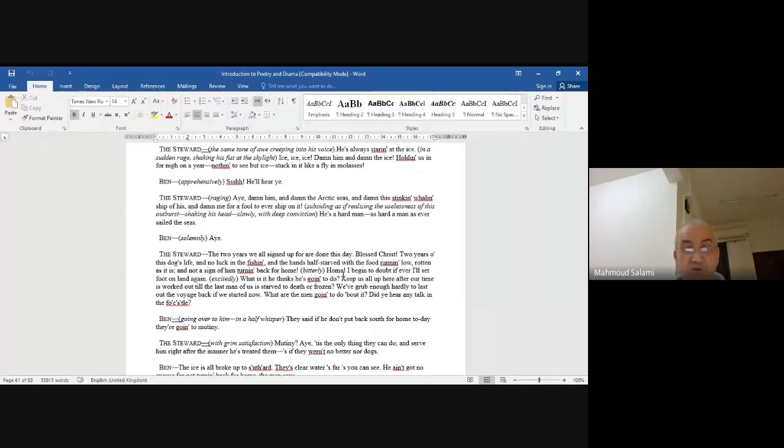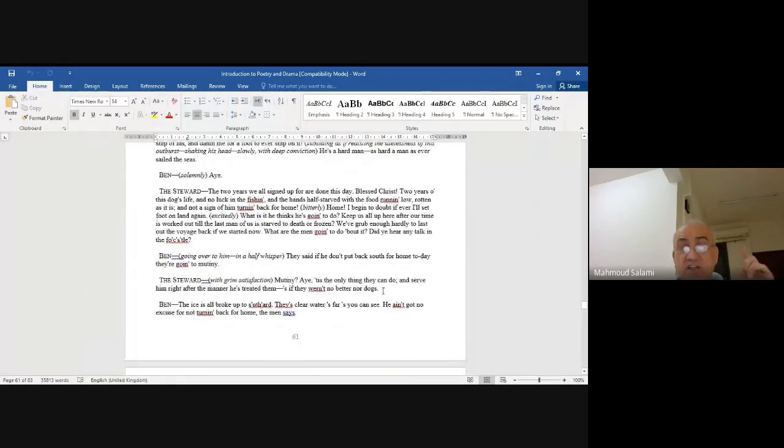The steward, with grim satisfaction: "Mutiny? Hey, it's the only thing they can do, and serve him right after the way he had treated them, as if they weren't no better nor dogs."